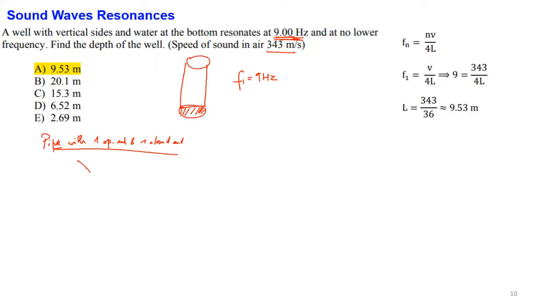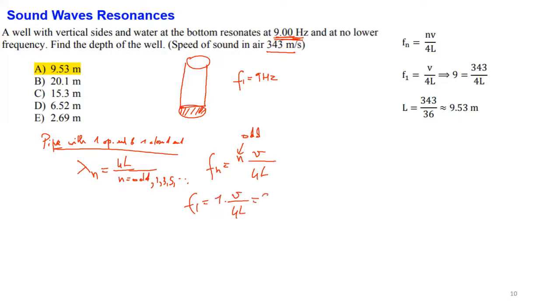So you know that the resonance wavelengths are just 4L divided by N, but N has to be odd. 1, 3, 5, 7, etc. And the resonant frequencies Fn are NV divided by 4L, because this N here is odd. So again, the fundamental is just 1V divided by 4L. And this is equal to 9 Hertz. So I know V, so I can get what is L.